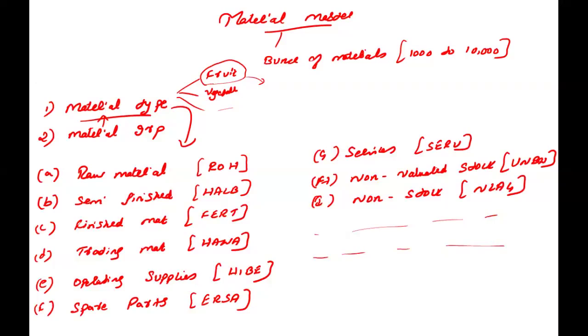Okay. Then you have the trading material. Trading material is nothing but you are not manufacturing the material. For example, you are a third-party supplier. A customer will order something from you, and you will order that from another vendor, get that material, put your brand label on it and sell it. For example, Amazon is doing the same thing. Amazon is a trading supplier. What they do is receive the orders.